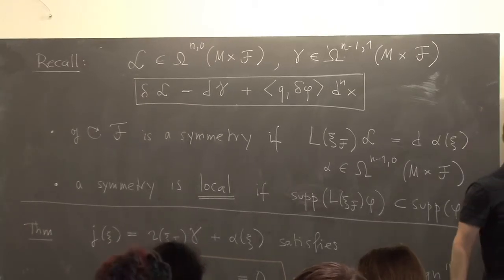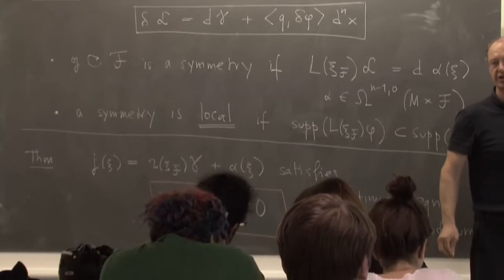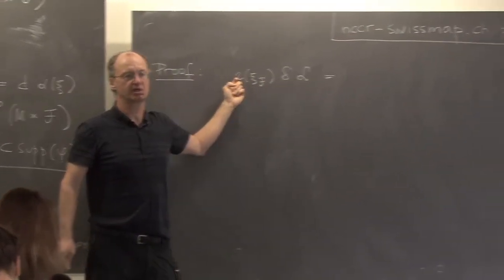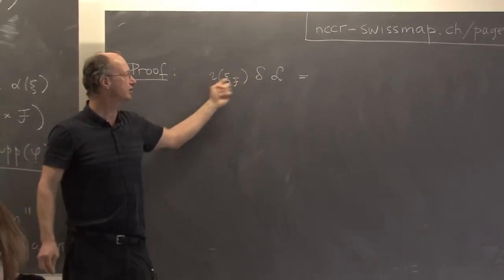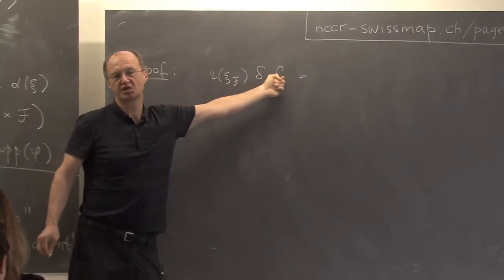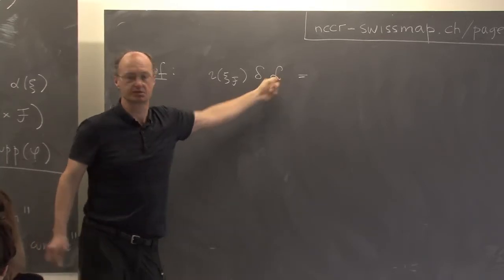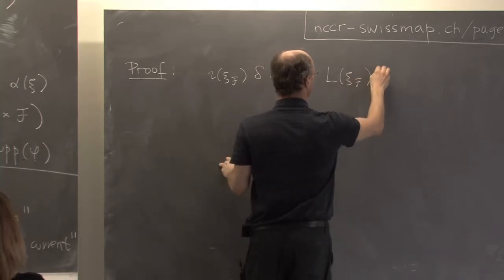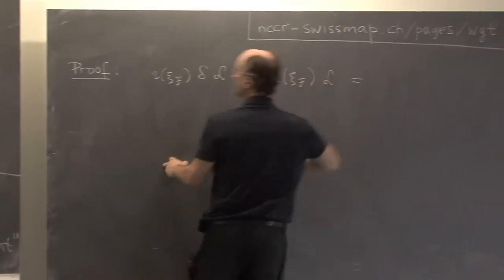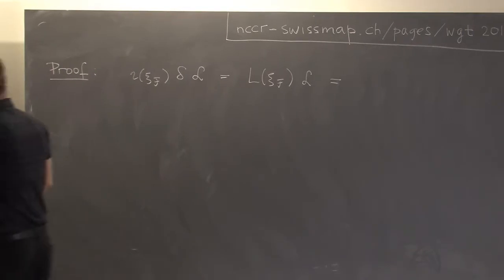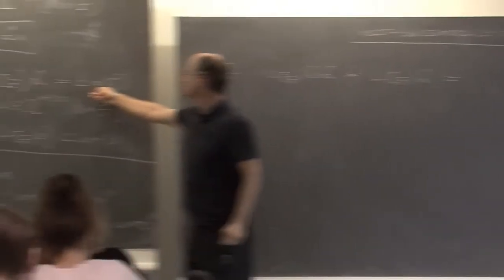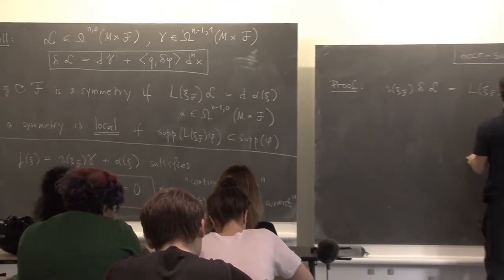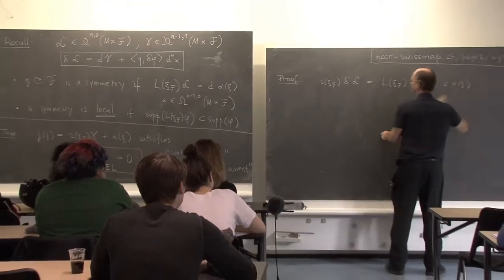By Cartan's magic formula, ι_ψ δ plus δ ι_ψ is the Lie derivative, but δ ι_ψ applied to this is 0 for degree reasons. So this is actually L_ψ_F L. And we assume that we have a symmetry, so this equation is satisfied. So this is d α of ψ.